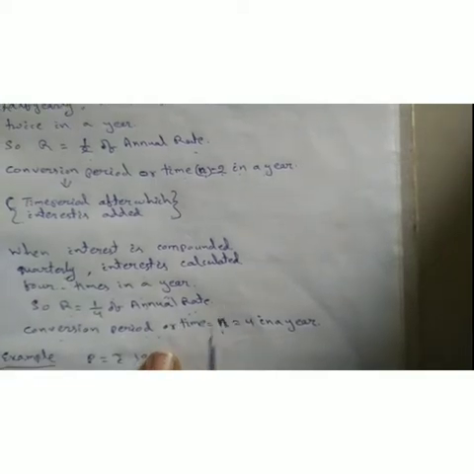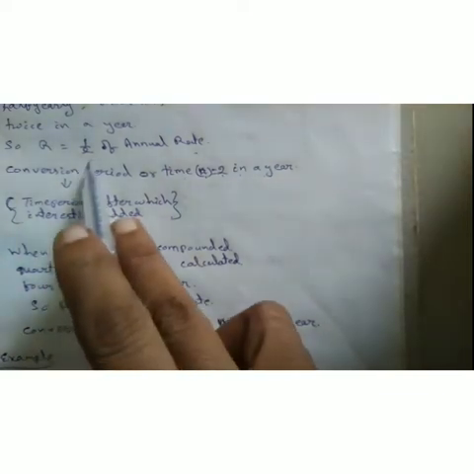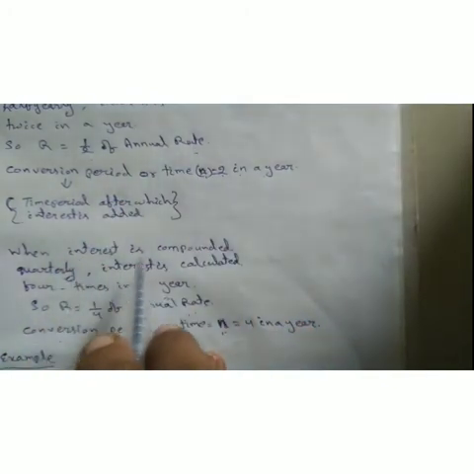And the conversion period n will be 4 times per year. If it is given 2 years, 4 into 2, 8. If it is given 1.5 years, you multiply 1.5 into 4 and find n. Understood? That is for half yearly and quarterly compounding.